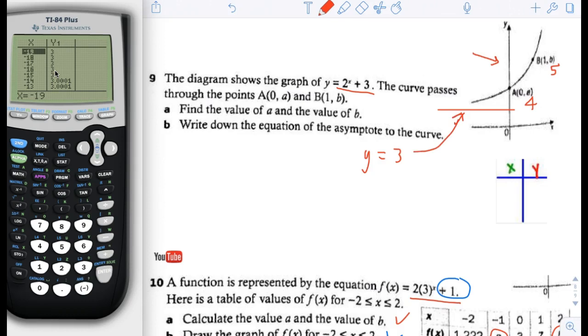All right, and I'm just going to fill in some of the points here in the table. So 0, 4 is 1 point, 1, 5 is another point, and the equation of the asymptote is y equals 3. Another way you could figure out that the equation of the asymptote is y equals 3, if it's in this form here, notice that the asymptote number is the value that's added at the end.